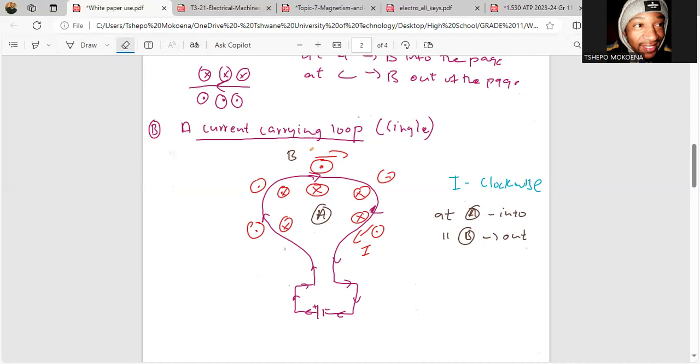Oh, by the way, don't forget here I'm talking about magnetic field. It's B. I'm talking about magnetic field, current, magnetic field.